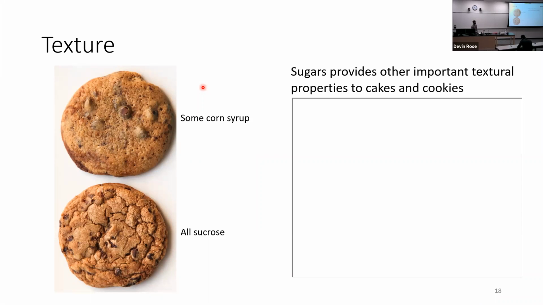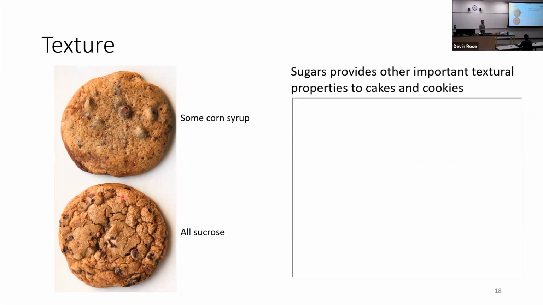In baked goods, they have a really important role in texture. So first we'll talk about this picture here. So this is 2 cookies, chocolate chip, one made with all sucrose and one made with just a little bit of corn syrup added. So you can immediately notice a difference here.